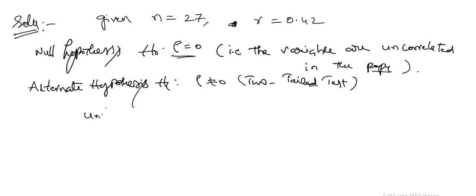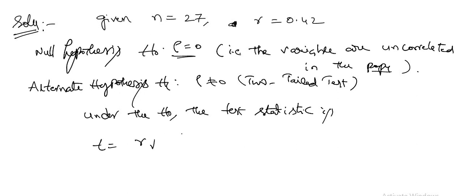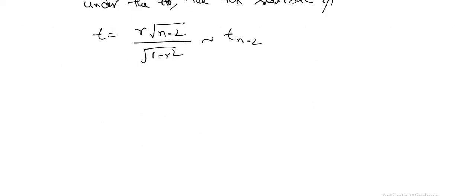Under the null hypothesis H0, what is the test statistic? t equals r into root of (n minus 2) divided by root of (1 minus r squared), which follows a t distribution with n minus 2 degrees of freedom.